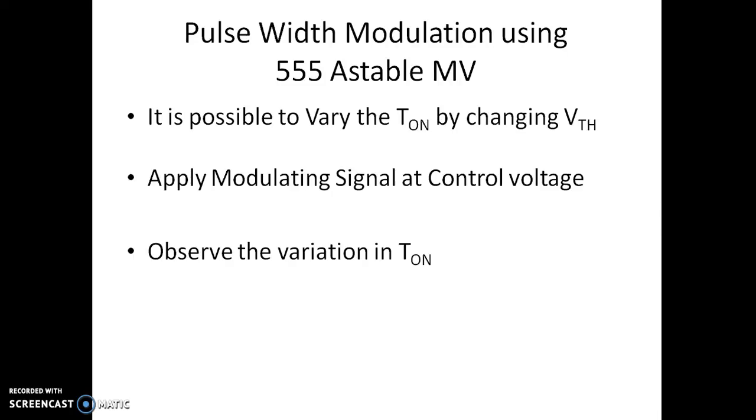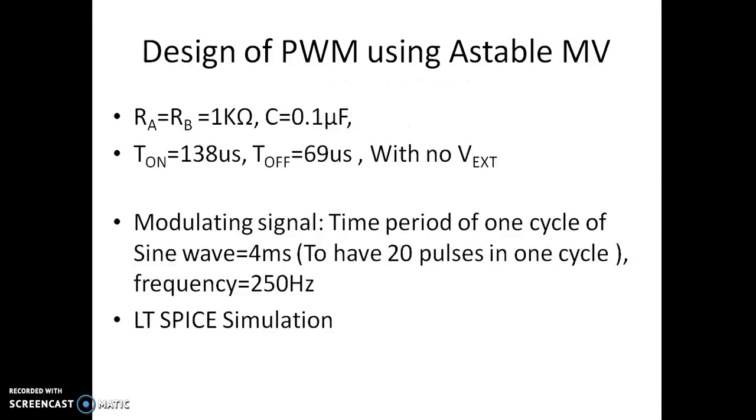Now we have seen in the previous videos that T off of the Astable multivibrator, with and without the external voltage, will be constant. So once T on changes with respect to VTH, we get the width variation of the T on.